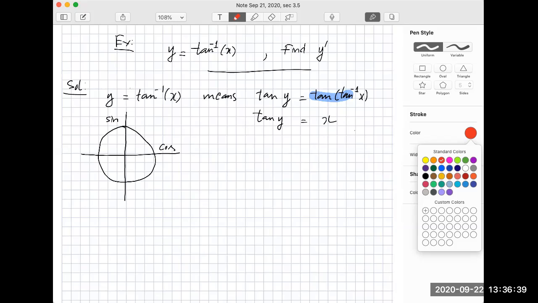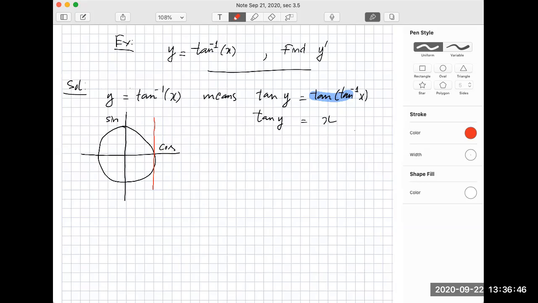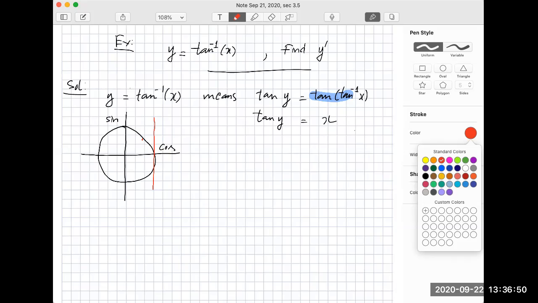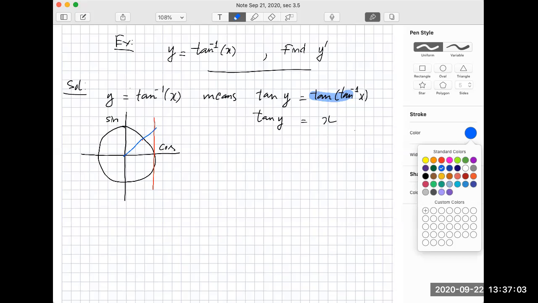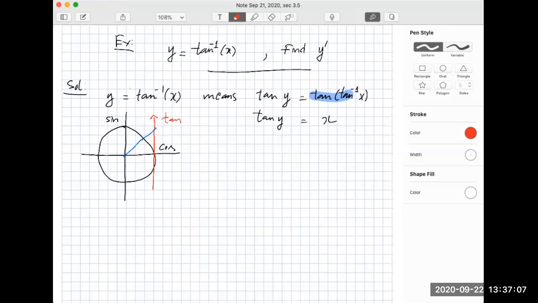We have already proved in class that for any angle alpha in the unit circle, the tangent of this will be the line coming from the origin to that angle, and wherever it cuts the red line here, the tangent line, that is the value of it.